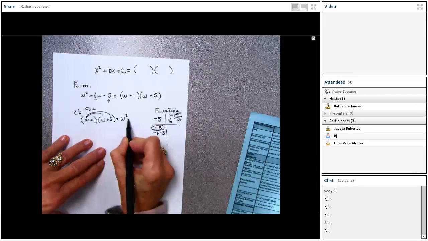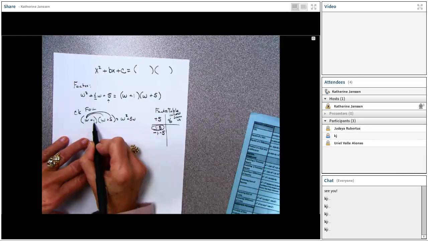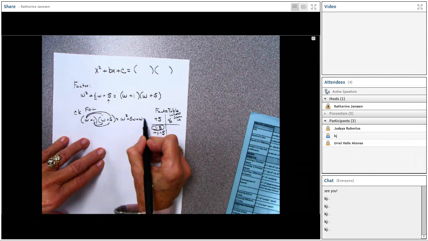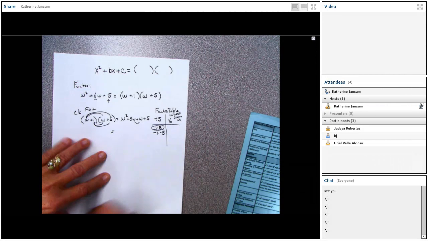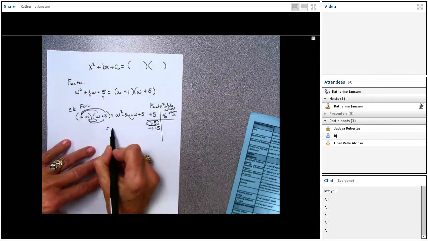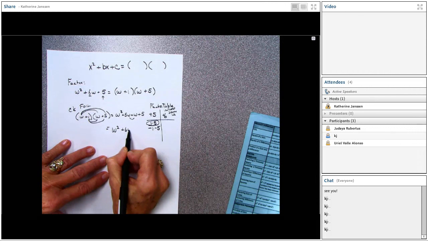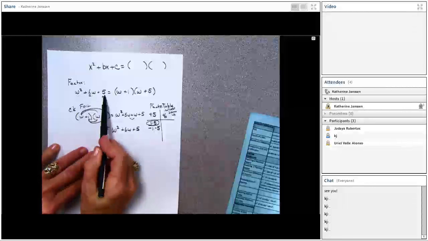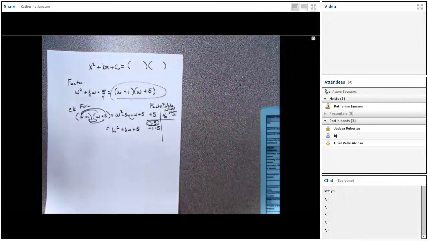The outer terms is a +5w. Inner terms, w. My last term is 5. With FOIL, we expect we can collect the like middle term for w squared plus 6w plus 5. W squared plus 6w plus 5. You can circle your factorization.